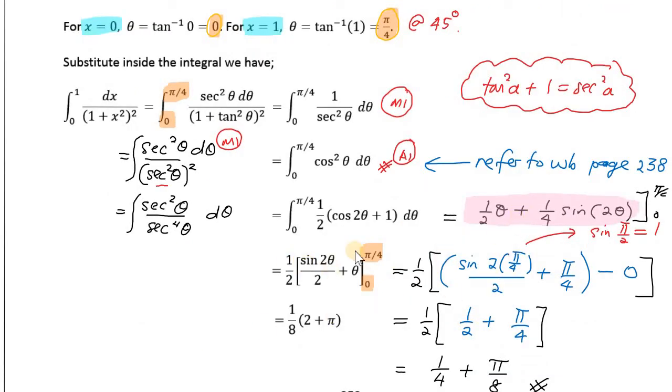Our workbook here is factoring the half, so we have half of sine 2 theta on 2 plus theta. Then we substitute the upper boundary minus the lower boundary. Make sure that you show it. Upper boundary minus lower boundary. Replace everything in terms of 0. There's an M1 there.